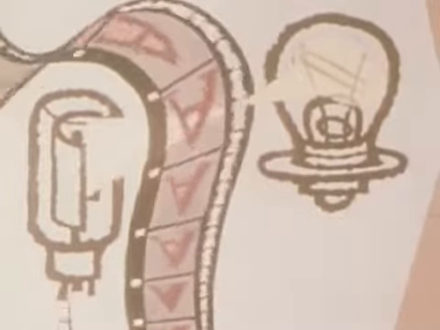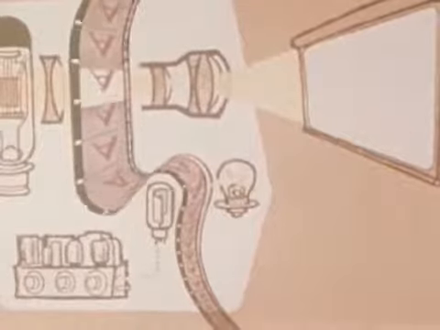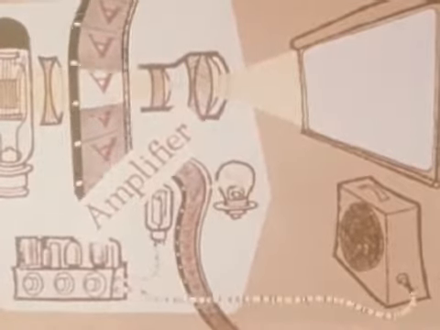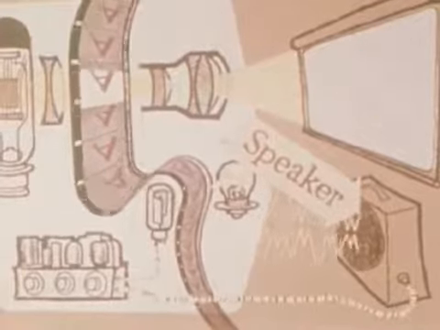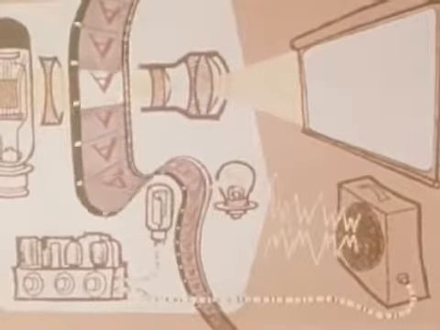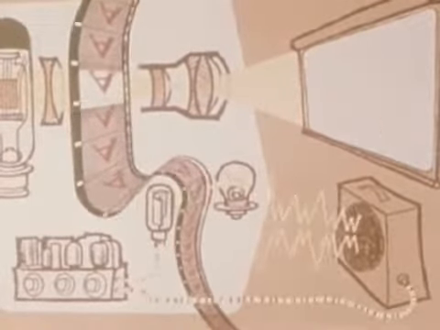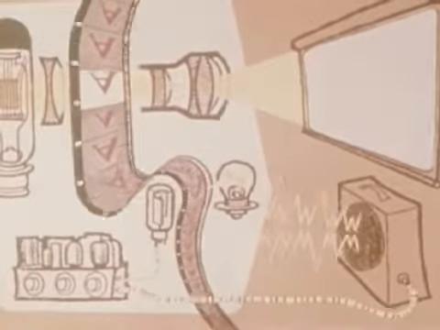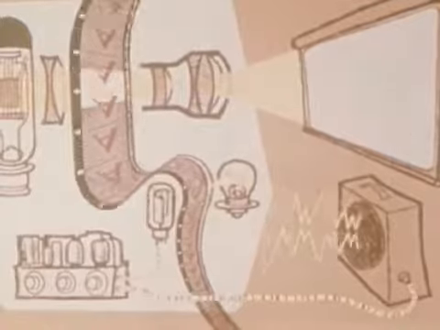This makes the photocell produce electrical pulsations which are then amplified and fed to the speaker. In contrast to the picture section, the film in the sound section must move smoothly and at a constant speed.